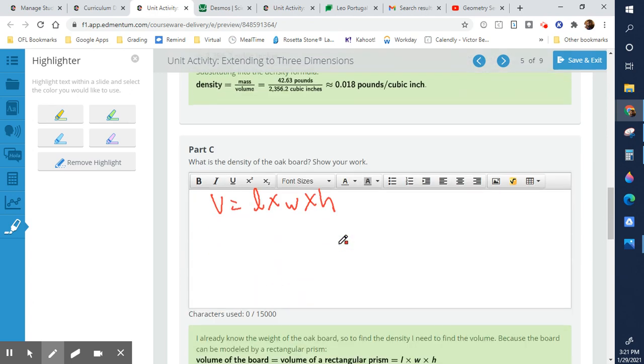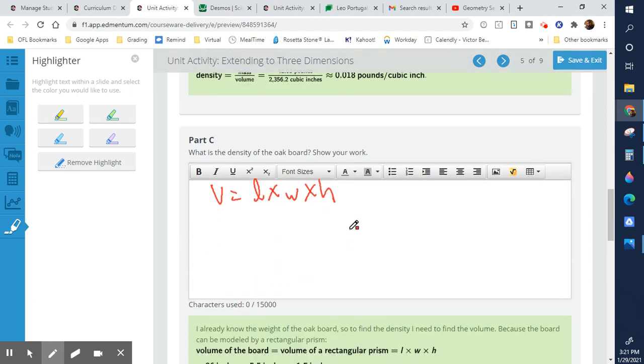So the only thing I'm going to ask you guys to change is when you're looking at length, do not type in that 3. We want that in inches. So you're going to want to change your length to 3 times 12 inches because that's how many inches are in a foot. Then plug in your width, plug in your height, and that'll give you your volume.